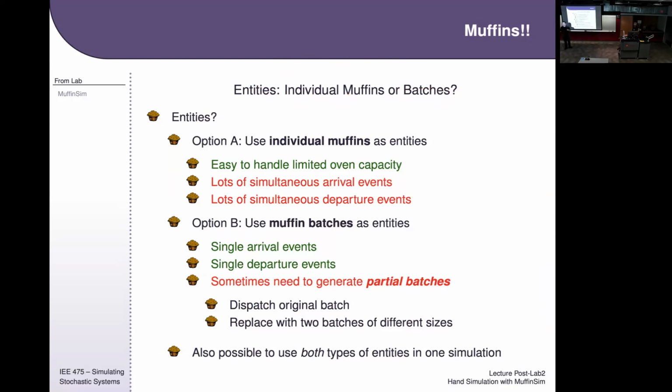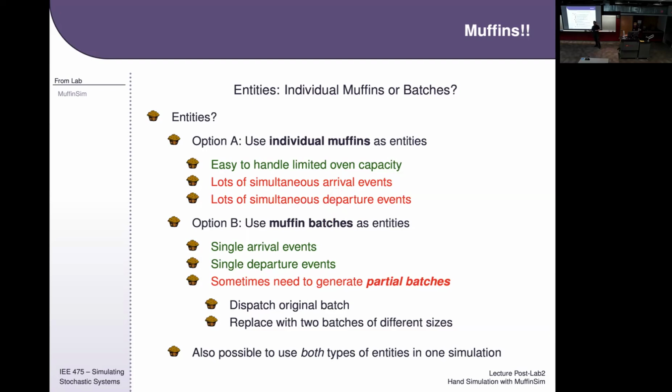There are different ways you can address the questions that were brought up in this lab. You can model the muffins as individual items. This is easy to handle with limited oven capacity, but you have lots of simultaneous arrival events. A huge number of muffins arrive at once, so they all have an inter-arrival time of 0. That can be difficult to deal with when you're talking about these distributions, so simultaneous arrival and departure events might be something we want to avoid.